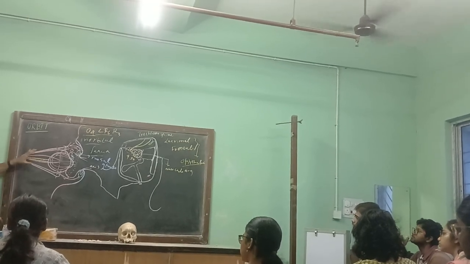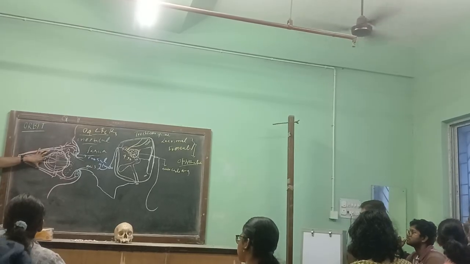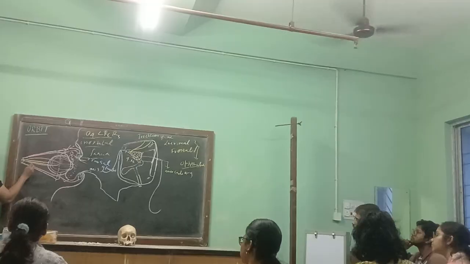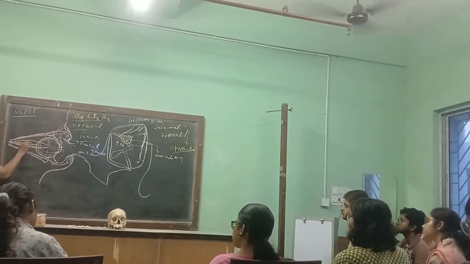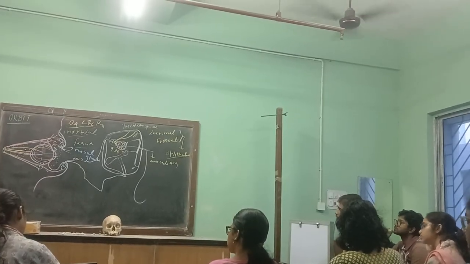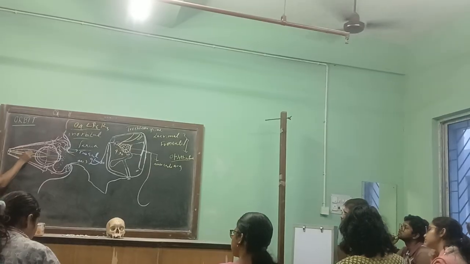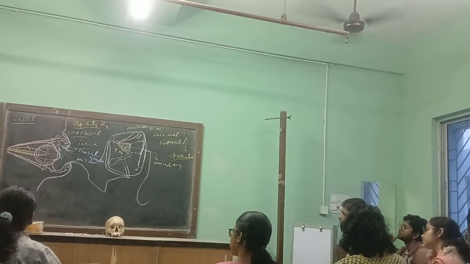Okay. So these are the muscles and nerves and vessels of the orbit, which are the contents of it. What are the other things? There is a fat over here. In between this cone of muscles, there will be fat, which is also called the retrobulbar fat. Not in front of the eyeball, behind the eyeball, there is a fat within this cone of muscles. What is this fat needed for?